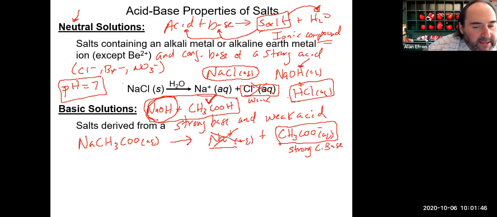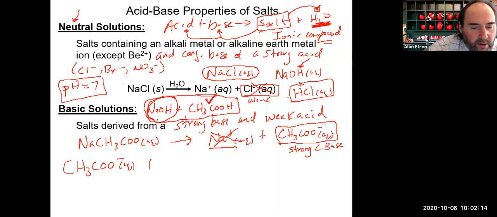And what that means is the acetate part of this, not the sodium part, will continue to react once it's produced in solution. And as I mentioned earlier, what this salt reacts with is the other thing that's present, which is water. This is why it's sometimes referred to as a hydrolysis reaction, because it is a reaction with water.